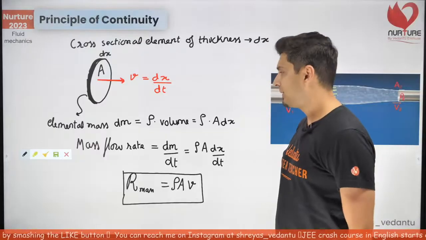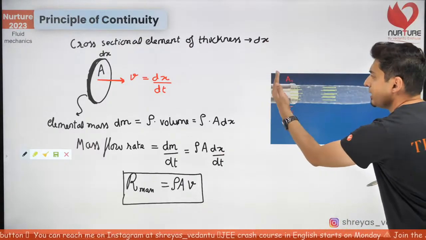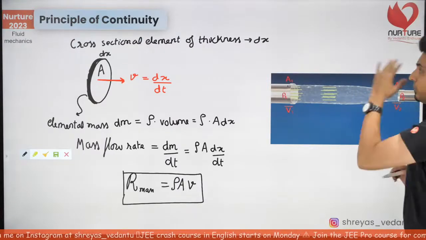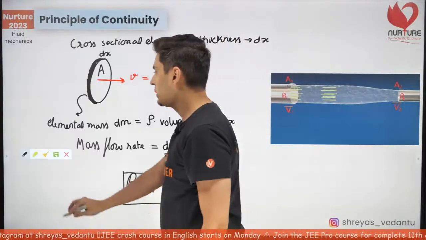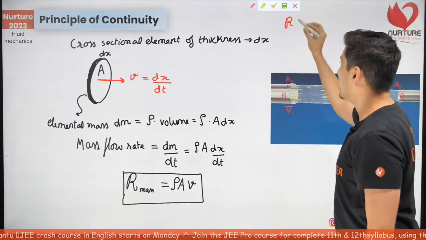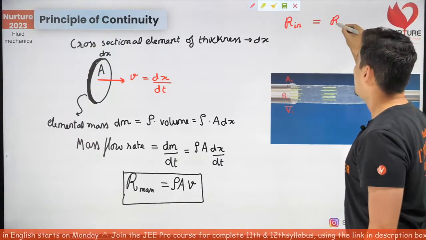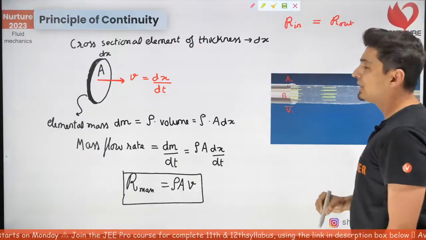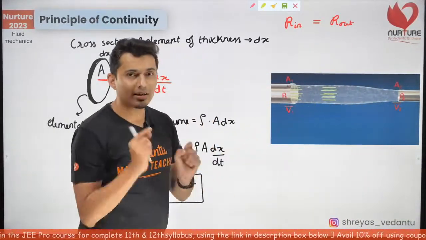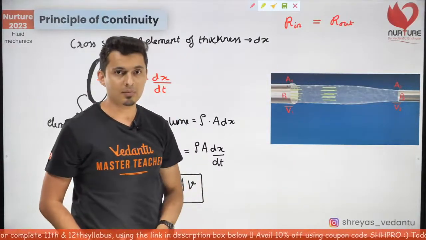Now, here is my point. Do you agree or disagree that whatever mass flows in per unit time should be the mass which flows out per unit time? Because if I put in 5 kilos of water in 1 second, 5 kilos should come out in 1 second.